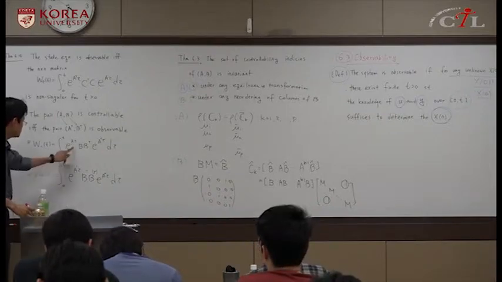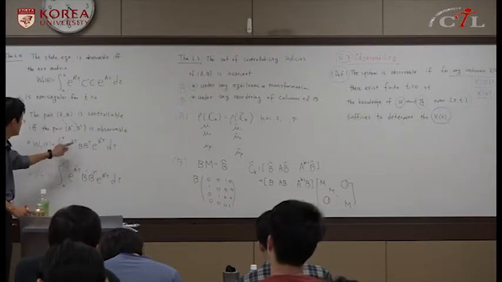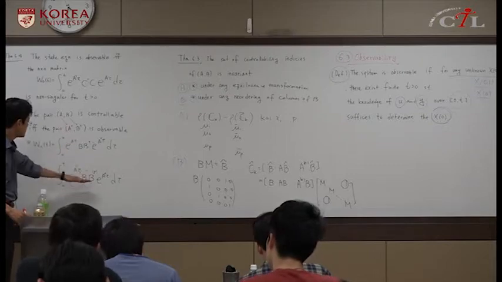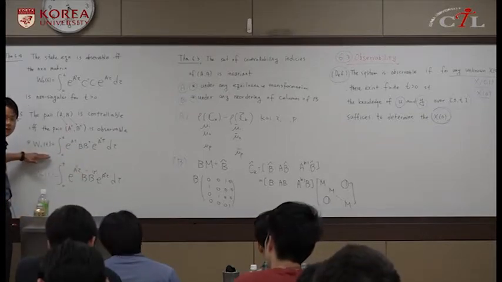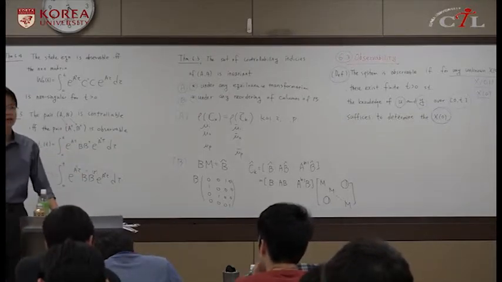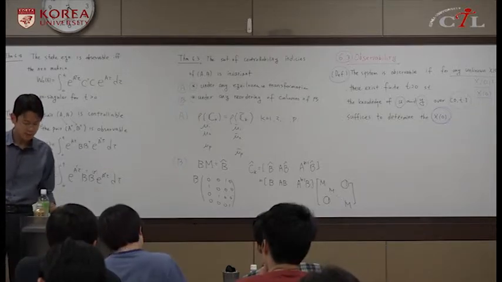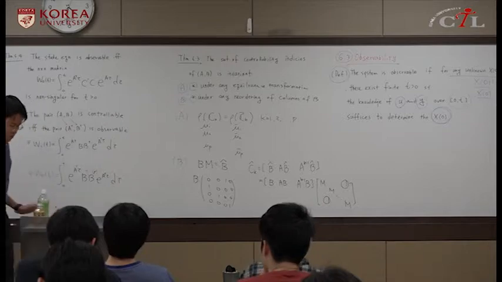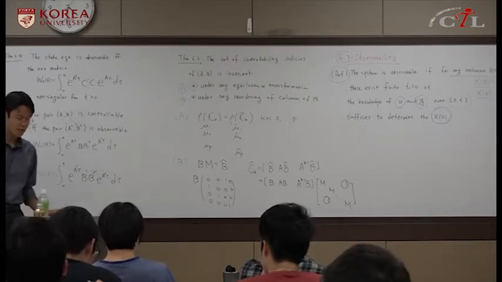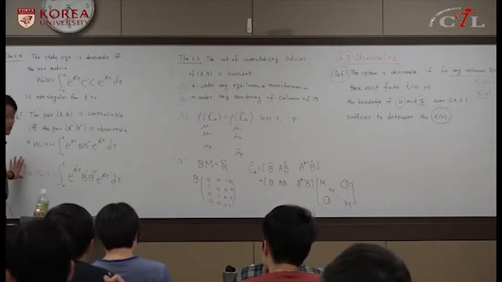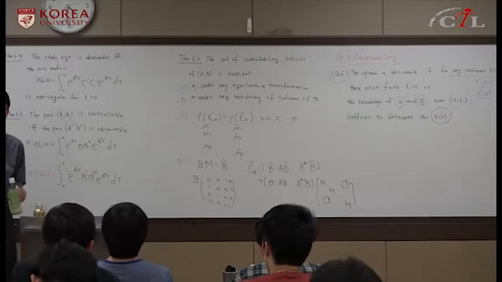If I change A to A transpose, B to B transpose, then the original controllability matrix is changed into the observability matrix. So all the properties valid for controllability are also valid for observability.